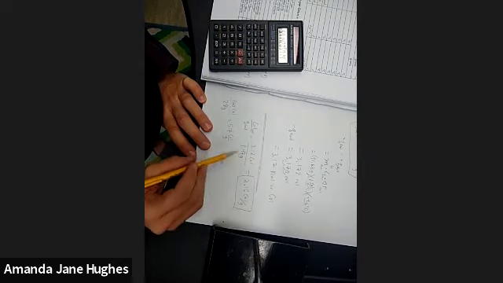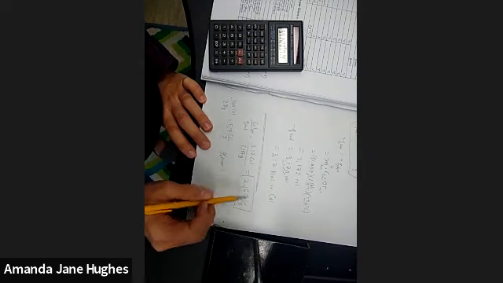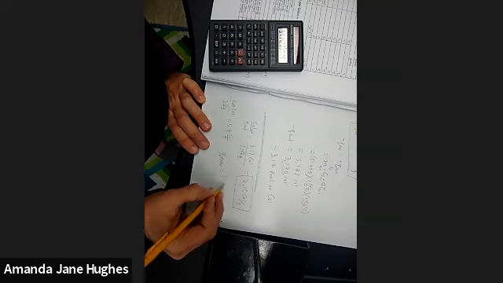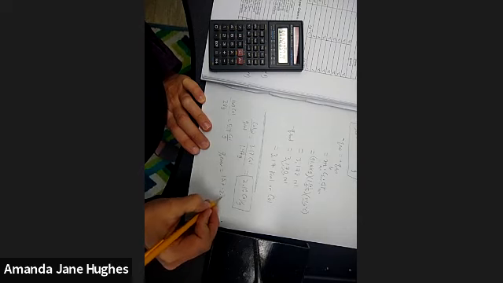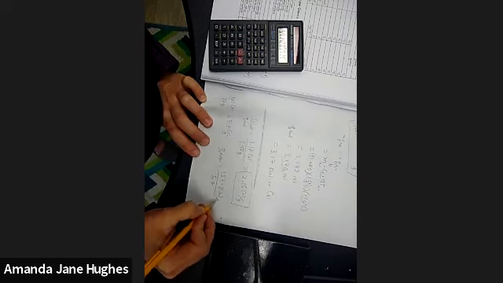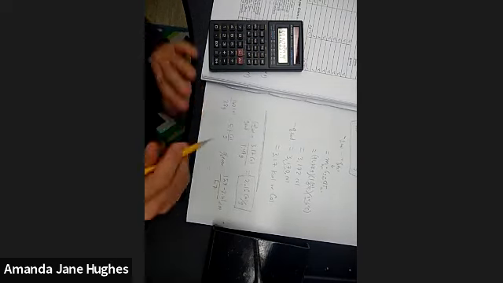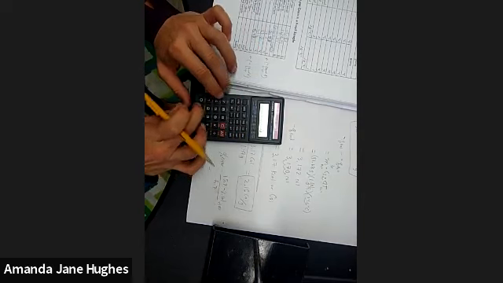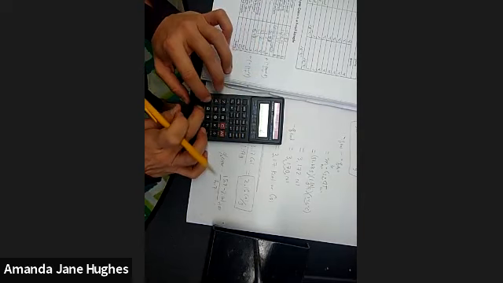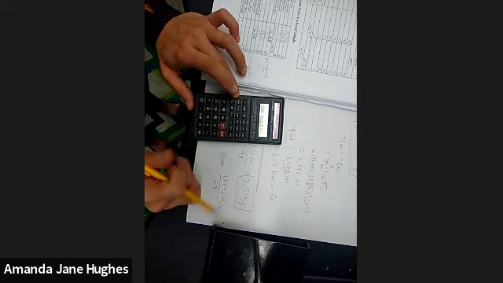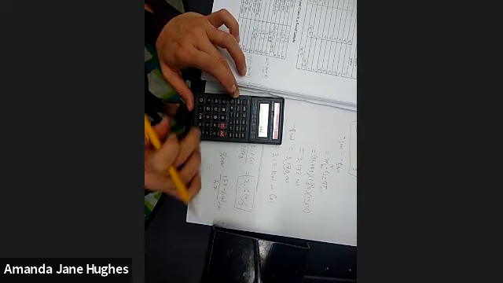Remember, percent error is theoretical minus experimental over theoretical times 100%. So the absolute value of theoretical minus experimental over theoretical times 100%. So I've got 5.7 minus 2.16 equals that, divided by 5.7 equals this, times 100.